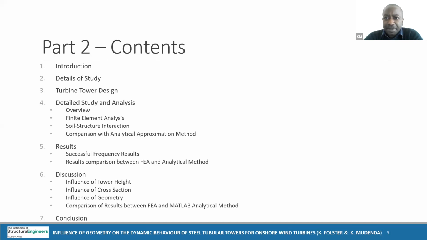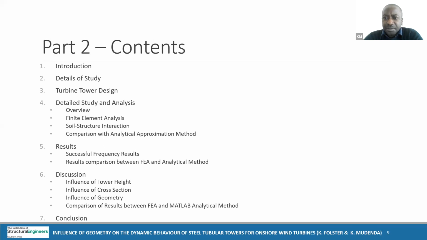At the time that this study was carried out, which was somewhere around 2016, it was reported that there were some challenges with the circular steel tubular tower that has pretty much been prevalent over the years. Some of those challenges had to do with cost, with the increasing height, but also some had to do with meeting the dynamic requirements for frequency separation.